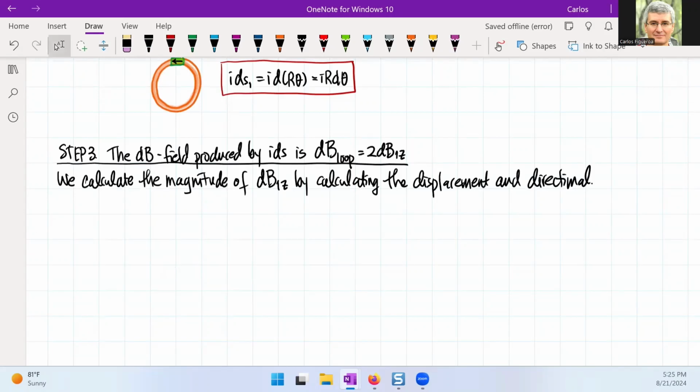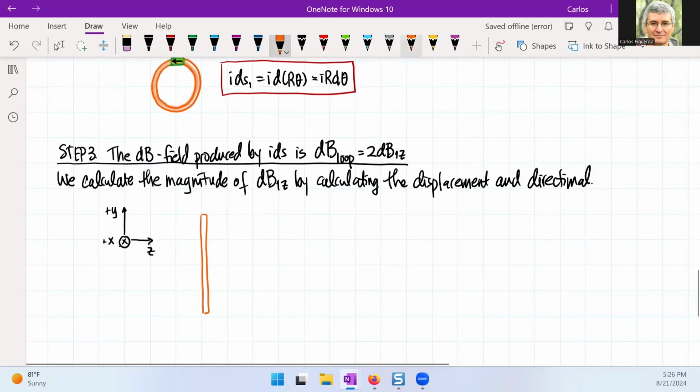So again, I want to remind you about our coordinate system. So our coordinate system in this situation is that I'm going to have my X direction here. I'm going to have my Y direction here, and then my Z is in that direction. So if I'm looking at my coil or my single loop, I'm looking at something like this. So then I'm writing this guy as IDS1.